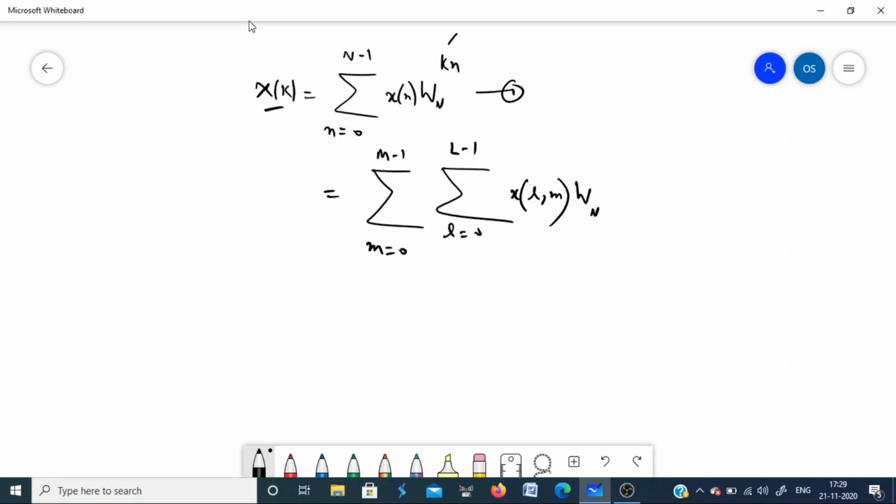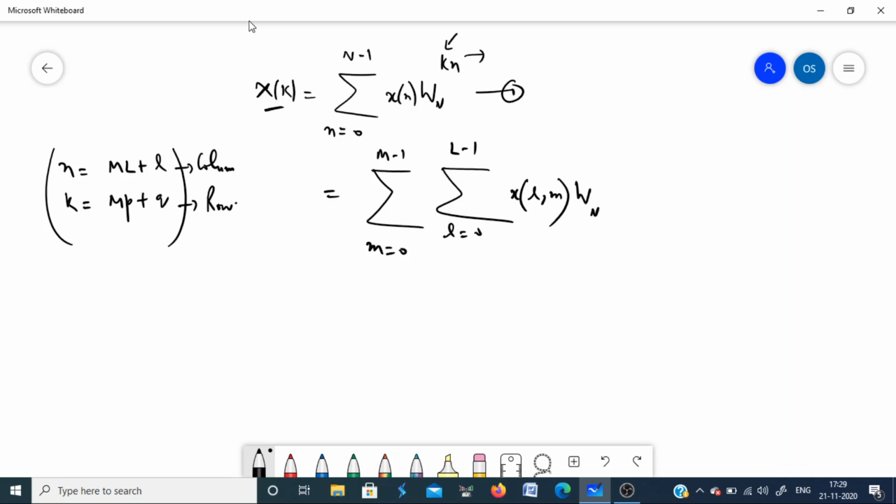Now k is for output, n is indexing for input, and for input we have taken column wise mapping. It means your n was ml plus l, and for output we have taken row wise mapping where k was mp plus q. Okay, this is input, this is for output, which is a row wise mapping.